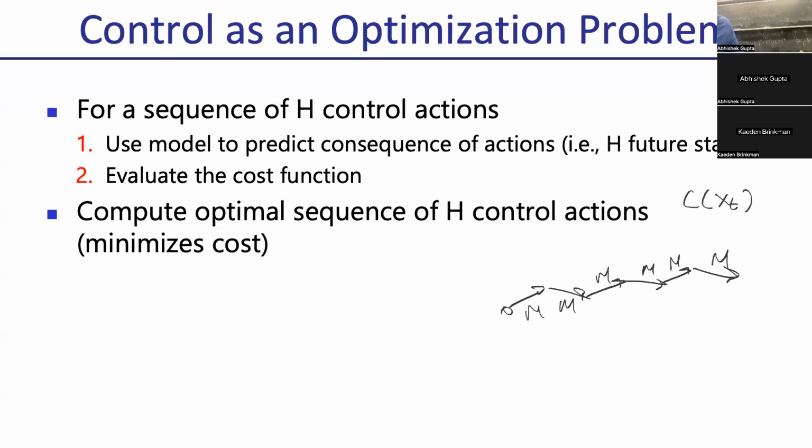And what you're going to do is try and take H actions, and figure out what the cost was from 1 to H, where x_{t+1} is equal to some function f of x_t and u_t, where the function here is your model. And then you're going to try and minimize it.